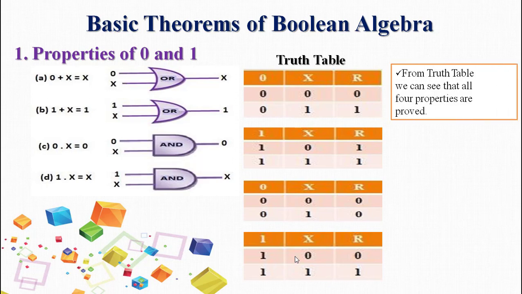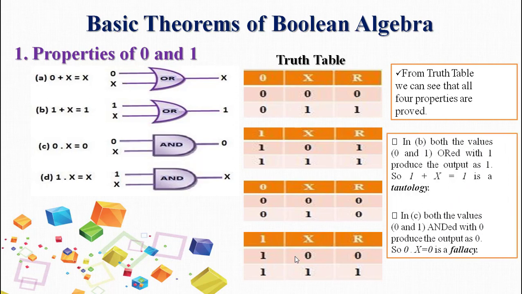By this truth table, we can see that all the 4 properties are proved, but we can see 1 plus x is always 1, which is implementing tautology, and 0 multiplied by x is 0, which is implementing fallacy. So in B, both the values, that is 0 and 1, when added with 1, produce output as 1.